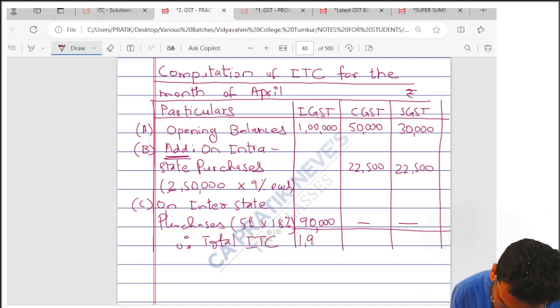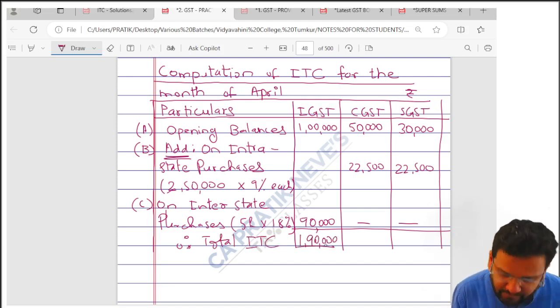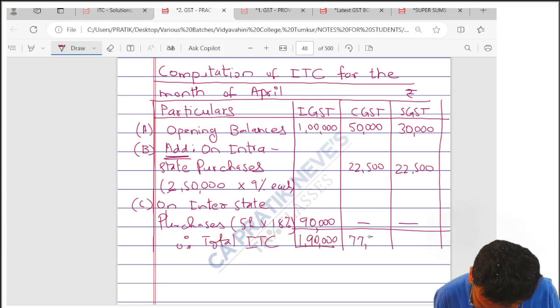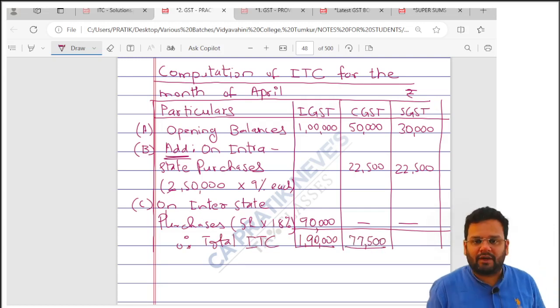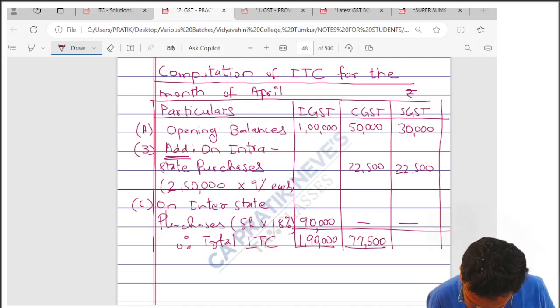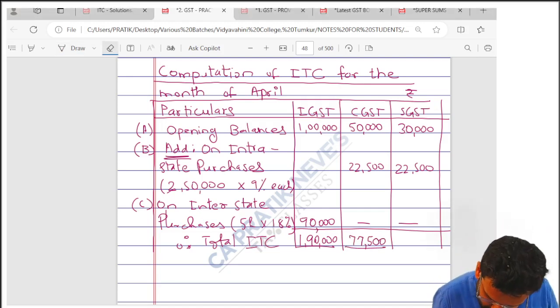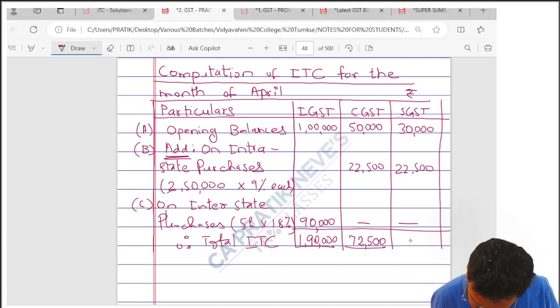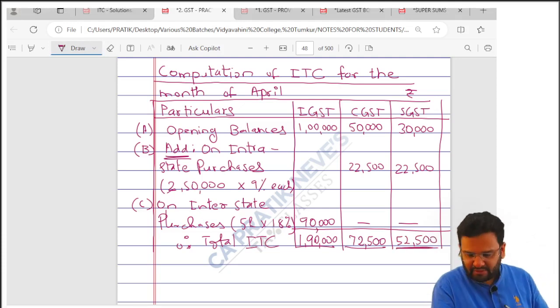Is your total ITC 1,90,000? 1,90,000 and 77,500 and 72,000 and 52,500.